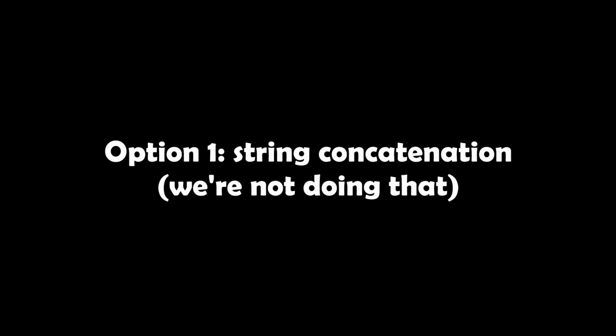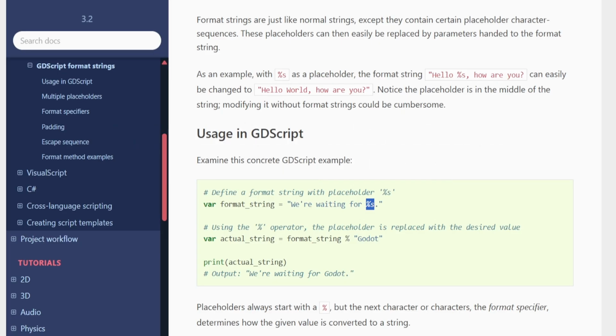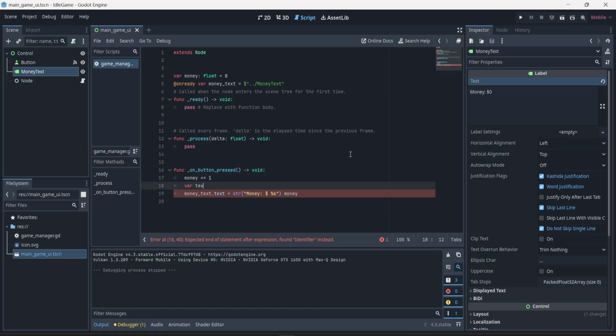Either we can have the text and add our variable after it, so that would be text plus the variable, or we can use a string interpolation. I prefer using string interpolation because it is easier to read, makes more sense, and is slightly more practical. It feels a bit more technical to do that if you're a beginner, but this is very useful in the long term.